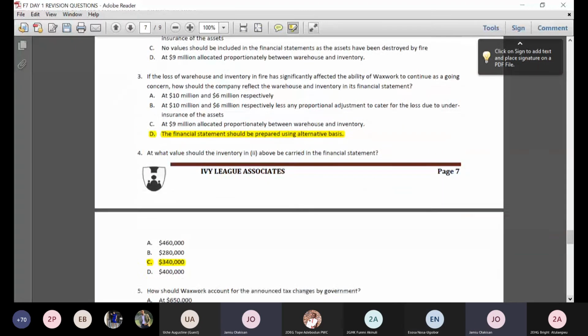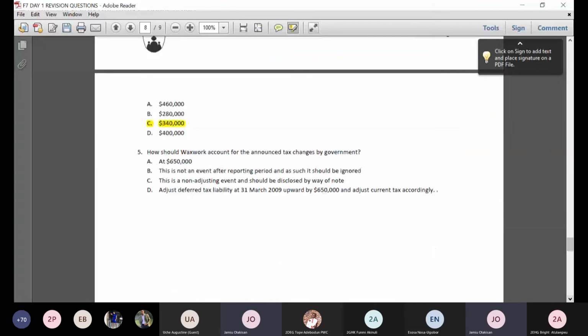Okay, so you said you choose which option, please? I want to hear that again. Option C, even if non-adjusting, we disclose it. C says this is a non-adjusting event and should be disclosed by way of note.